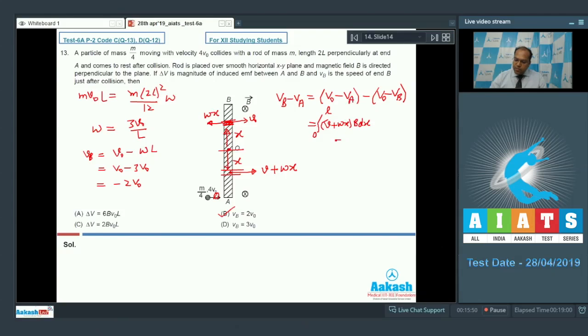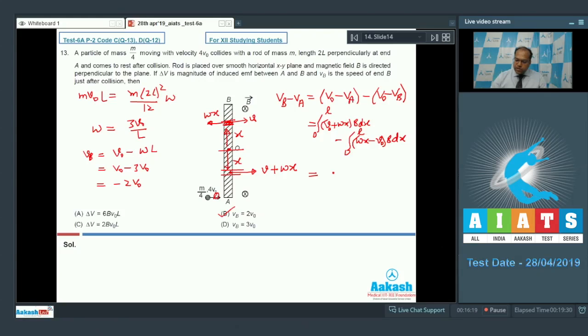So I am writing it this way: minus of (omega x minus v0) into B into dx, again from 0 to L.